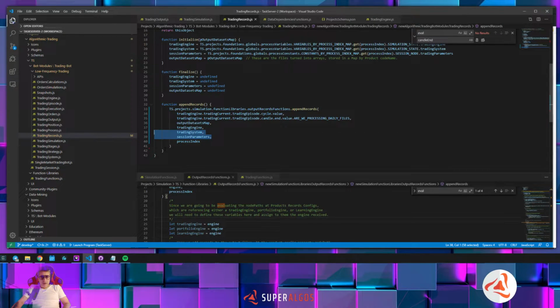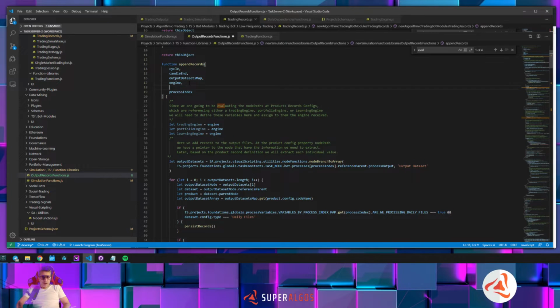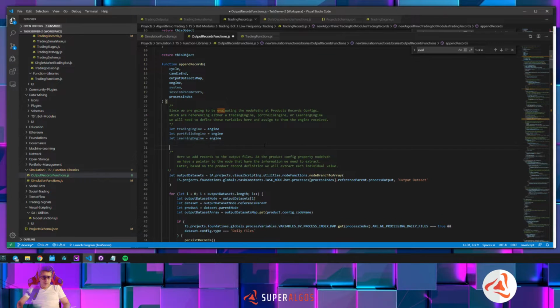And here we will receive it as system. So let trading system equal system.